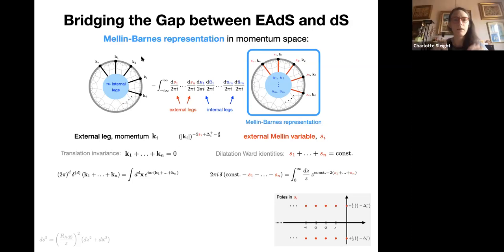Well, honestly, if I have to be really honest, we kind of wanted to bypass the wave function coefficient because the in-in correlators were the things that cosmologists compute. So when we started the project, we were already geared towards computing in-in correlators. And then we found these nice relations between the in-in propagators and those in anti-de Sitter.